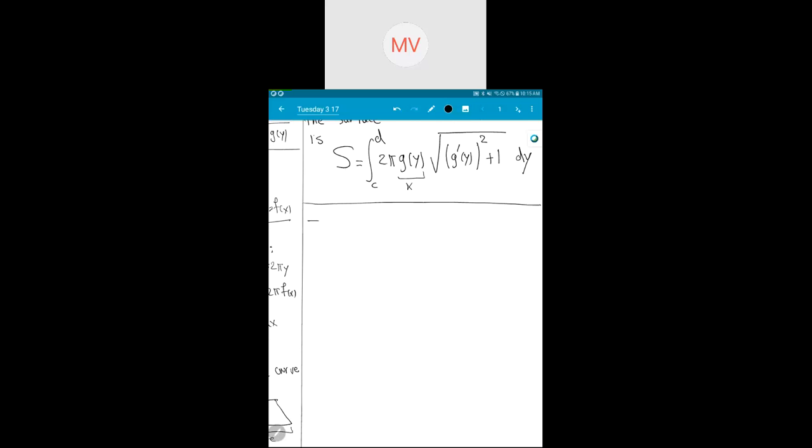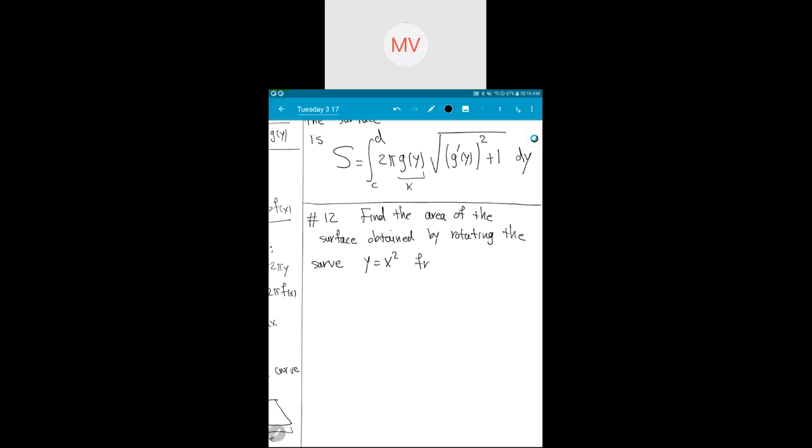Yeah, let's do number 12. So number 12 says, find the area of the surface obtained by rotating the curve y equals x squared.